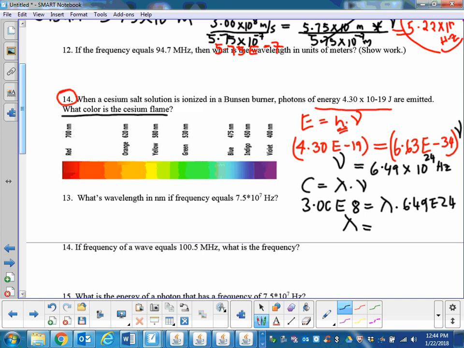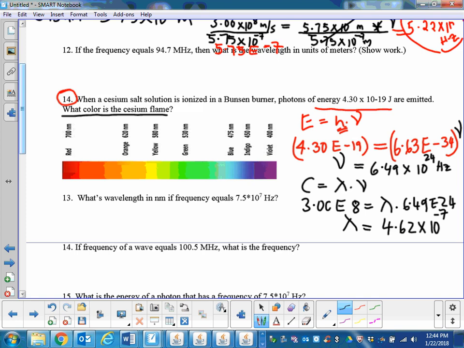What is my wavelength? 4.62 times 10 to the negative 7.